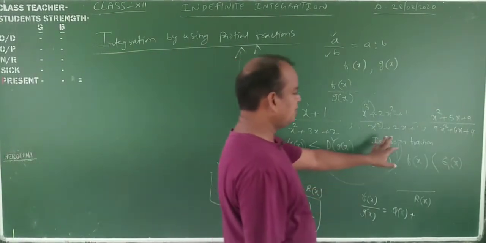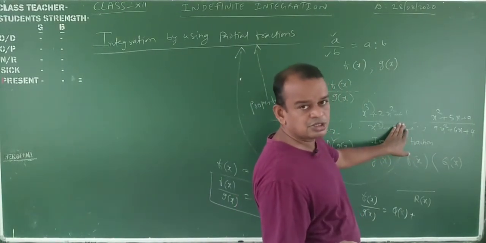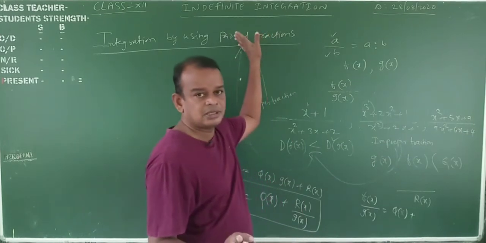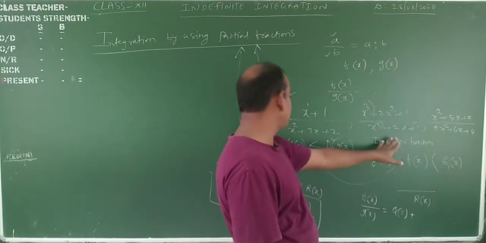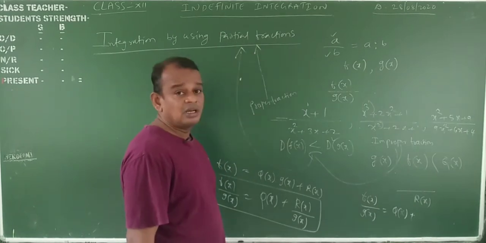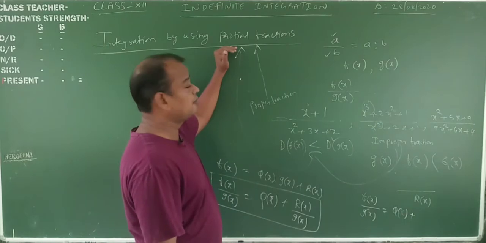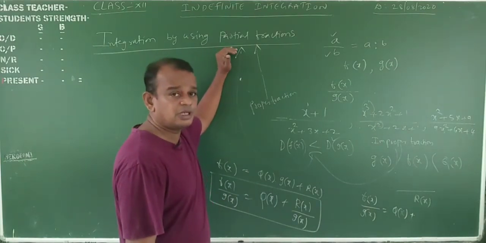Whenever we get an improper fraction, we cannot do partial fractions directly. First, the improper fraction will be converted into a proper fraction, and after that the proper will be converted into partial fractions. Okay, I hope that you understood or not.